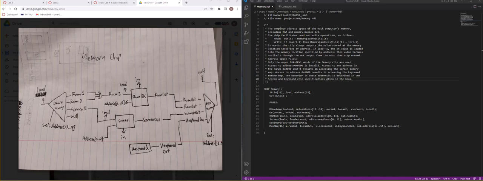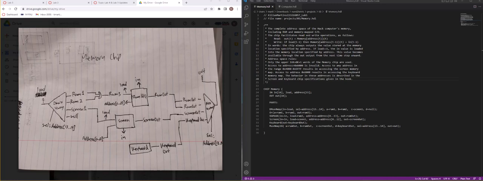Here, the in is for the input, a 16-bit value, and the address here would be the 0 to 13th bit of the address value, and that's the amount of bits that the RAM 16K takes.